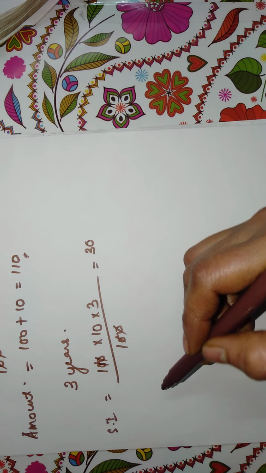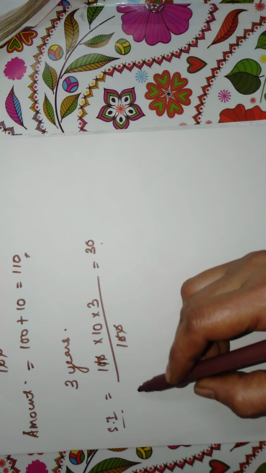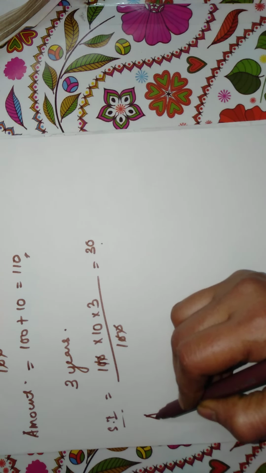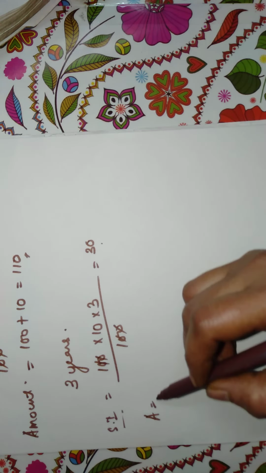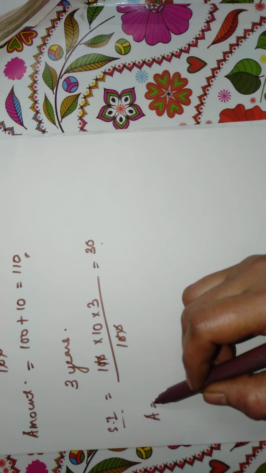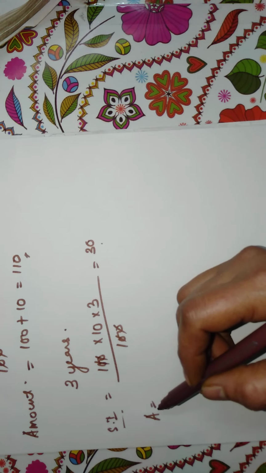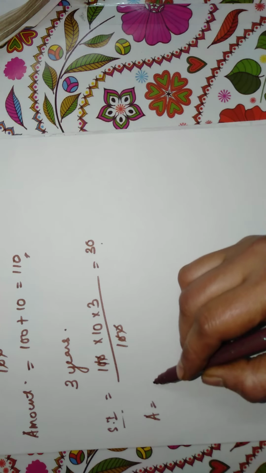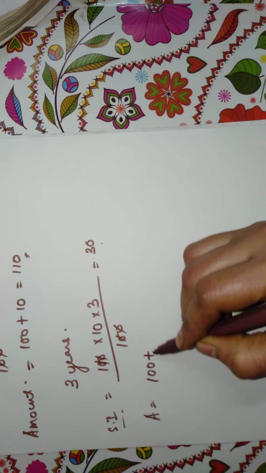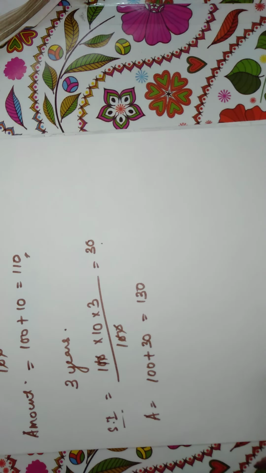So the simple interest is 30 rupees. The amount will be the principal amount plus the interest. Interest is rupees 30, so you will be getting 100 plus 30, that is 130 rupees.